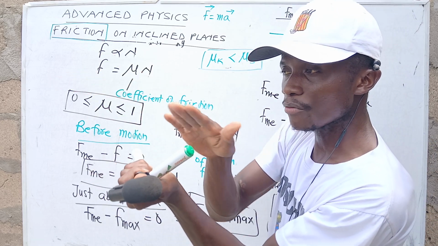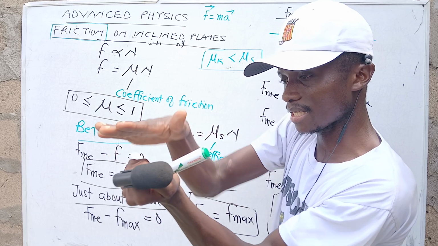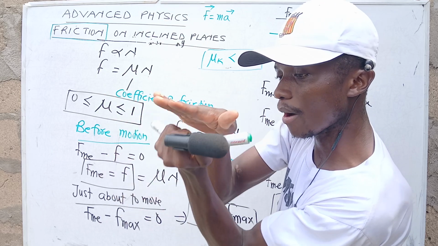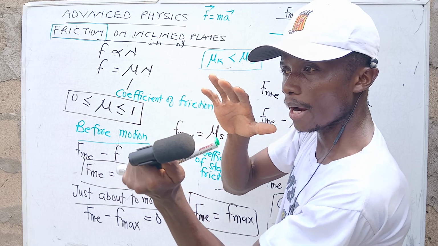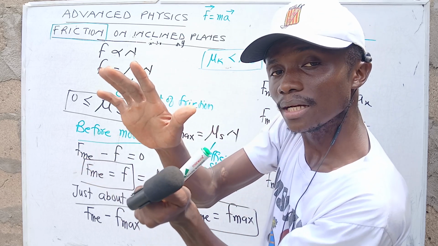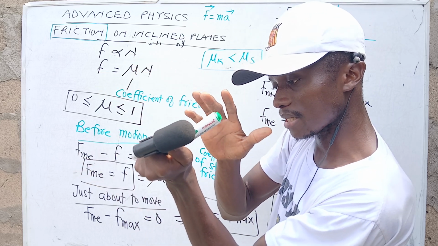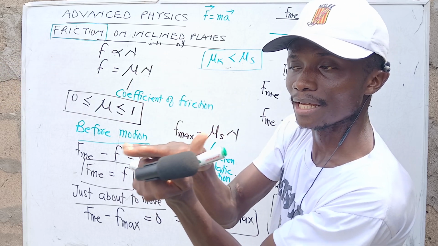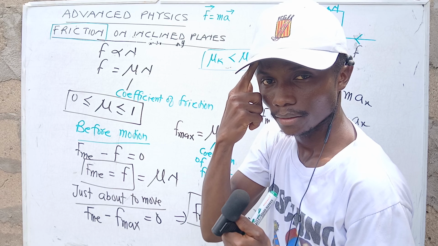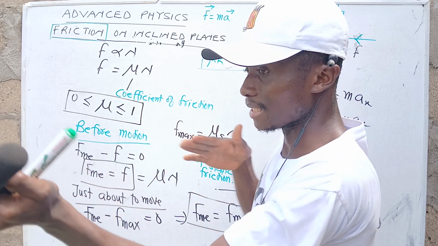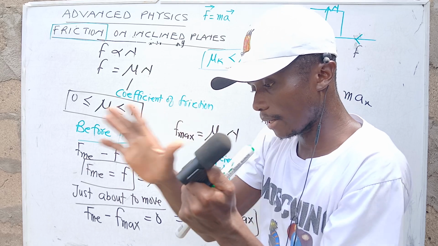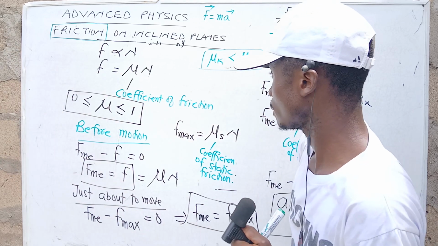The irregularities on both surfaces are pressed together. So we call something cold welding. They weld together. You require more force to push it. But when it has already been set into motion, the cold welding does not happen. The objects keep on sliding over each other, and you require less force to keep it at that constant motion.